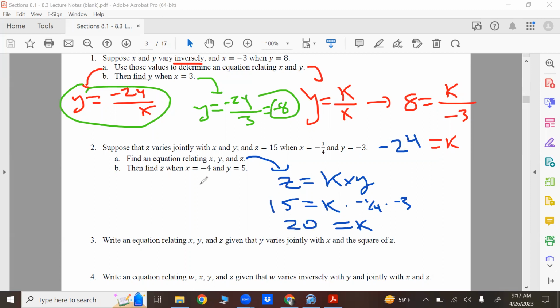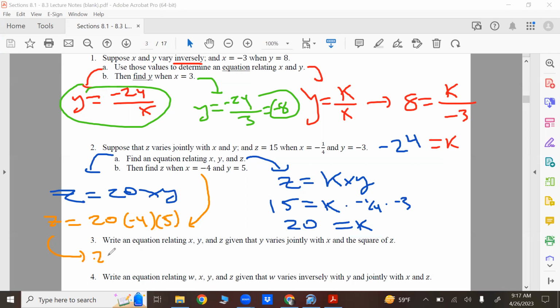Okay. So your equation is z equals 20xy. Now let's look at part B. So z equals 20 times -4 times 5. What does z equal? -400. Yes, very good. Perfect.